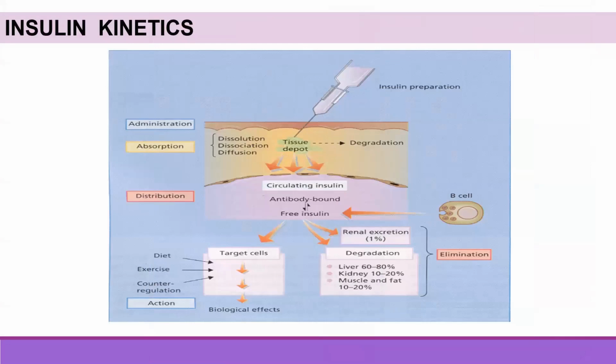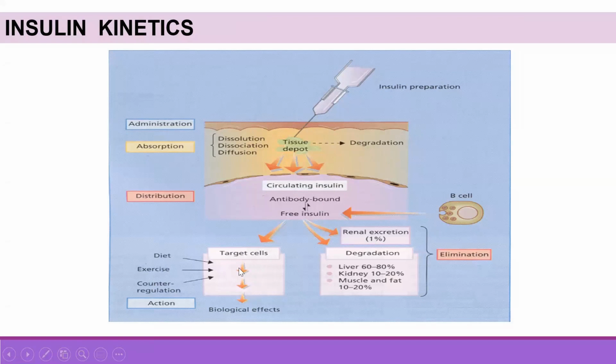Now, coming to a little bit of insulin kinetics, which all of us should understand: whenever we give an insulin injection, it forms a depot inside the tissue. Over a period of time, it enters into the circulation and exerts its action on the target cell.